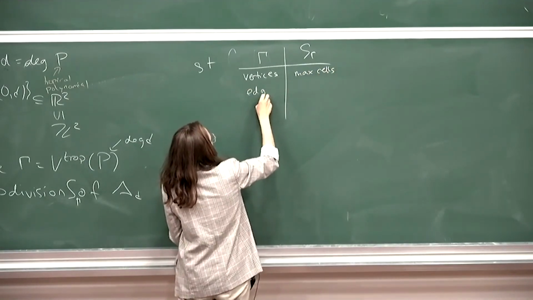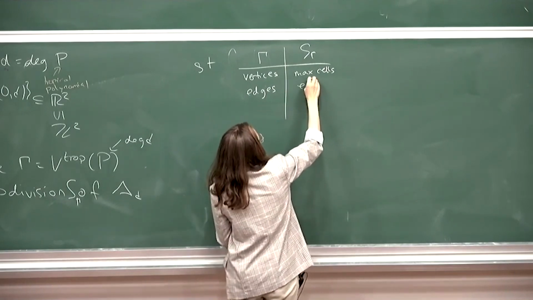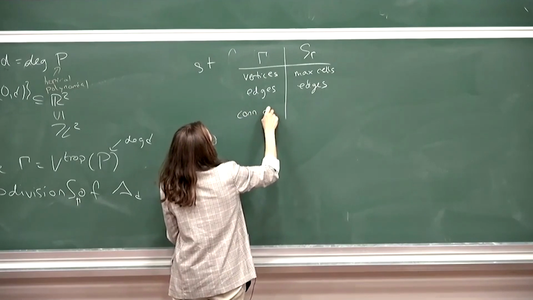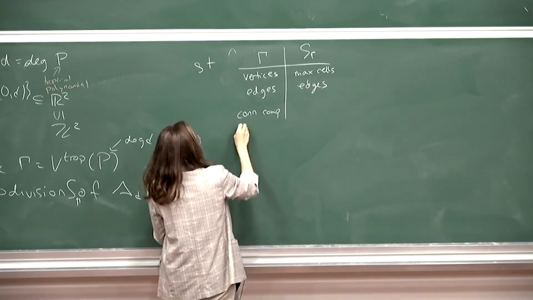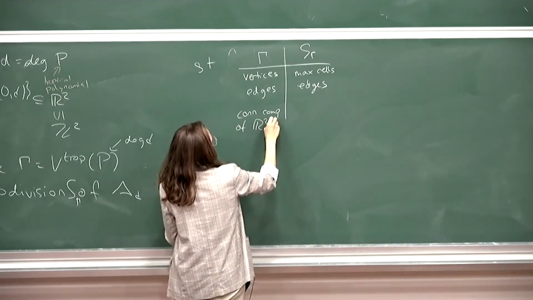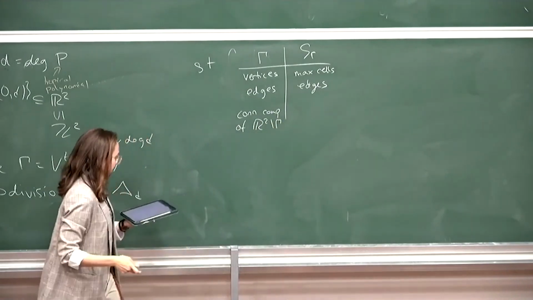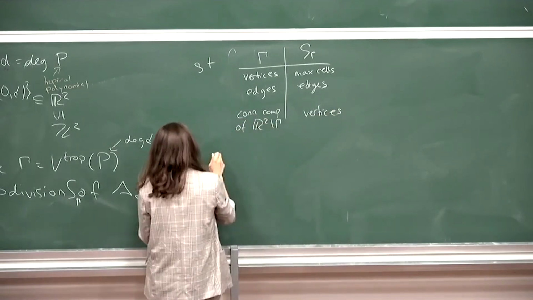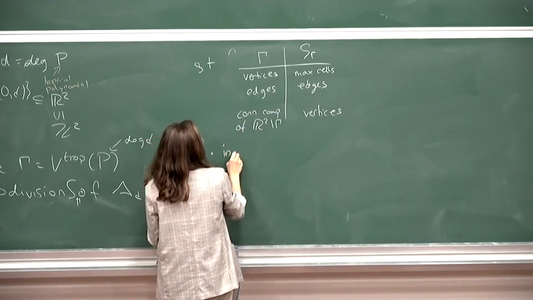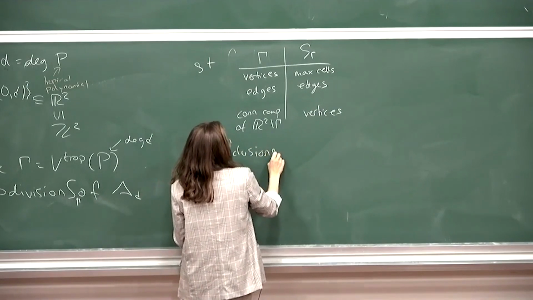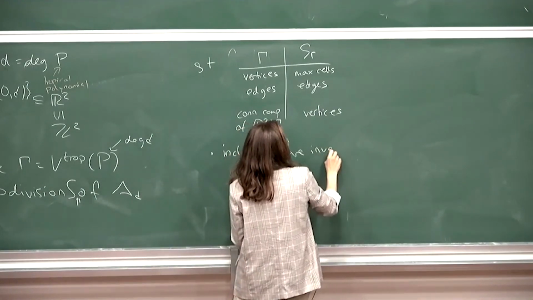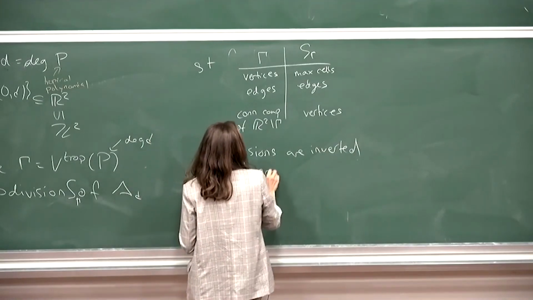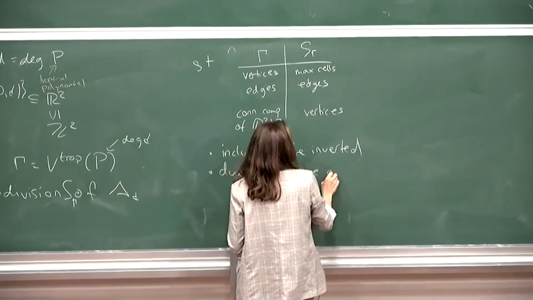The edges correspond to edges. And the connected components of R2 minus this tropical curve gamma correspond to vertices, such that inclusions are inverted and dual edges are orthogonal.